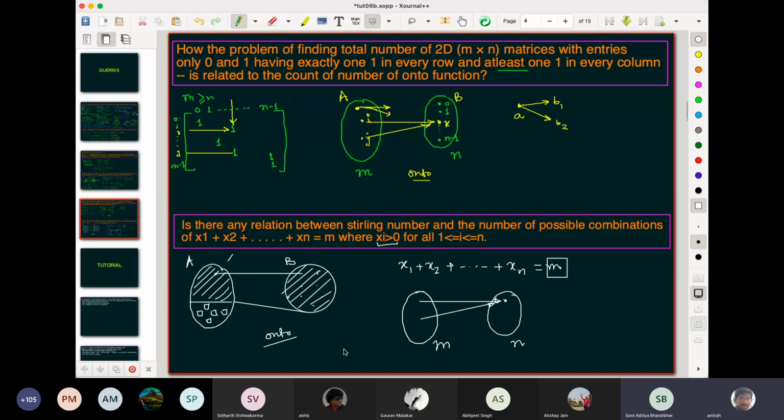But sir, each element in A must have a connection to B. Otherwise, for the remaining elements f(a) will not be defined, so how is it in the domain? No, see, domain.